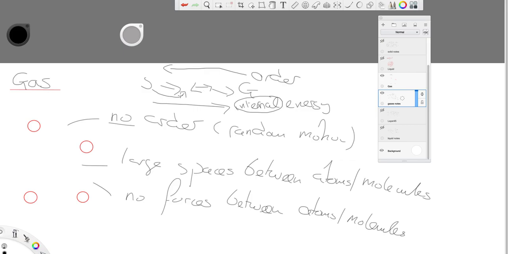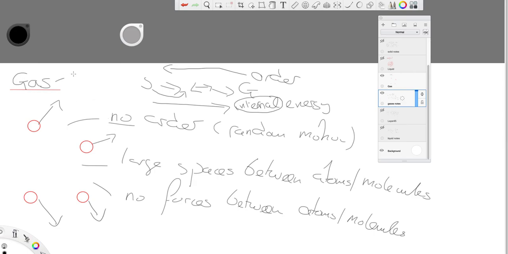So again, just like at the solid liquid transition, phase change, change of state, the liquid gas change of state involves an increase in the potential element of the internal energy. And you can see we have moved the gas molecules further apart. So you can see how the potential energy is increased. There's a bigger space between them. You have physically moved them apart. That takes energy. So there you have solids, liquids and gases.